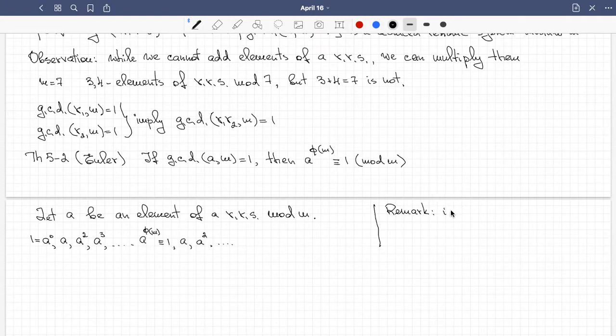If the greatest common divisor, well, let me write it this way, call it D, the greatest common divisor of A and M, is bigger than 1, then the situation is going to be quite different.